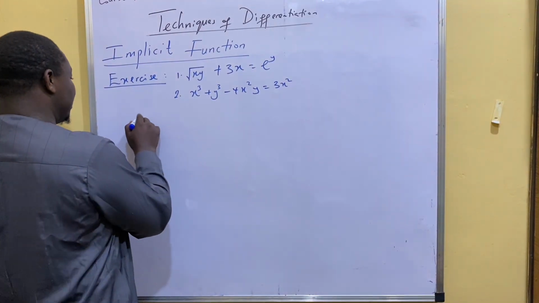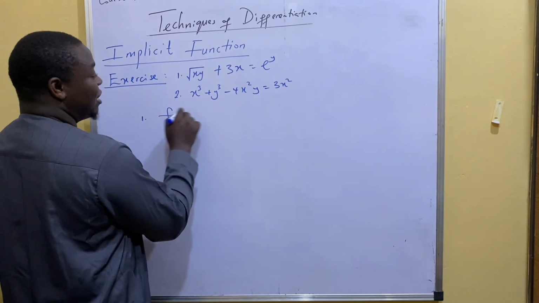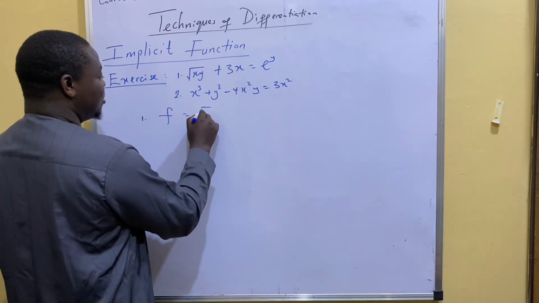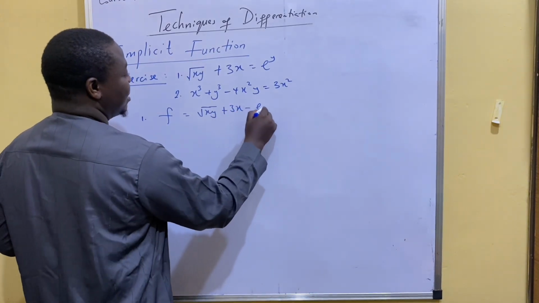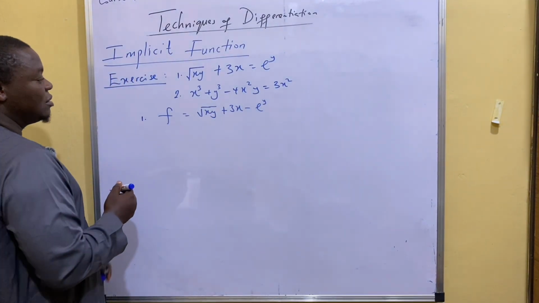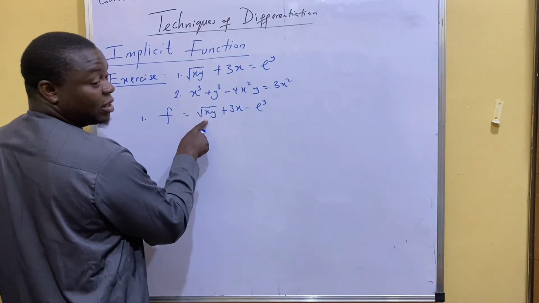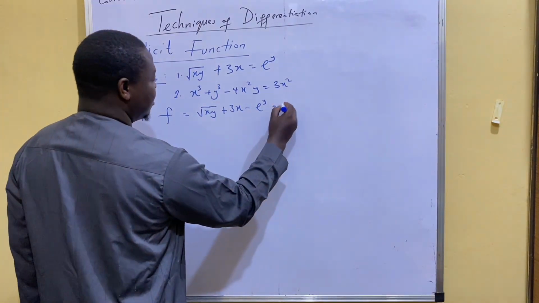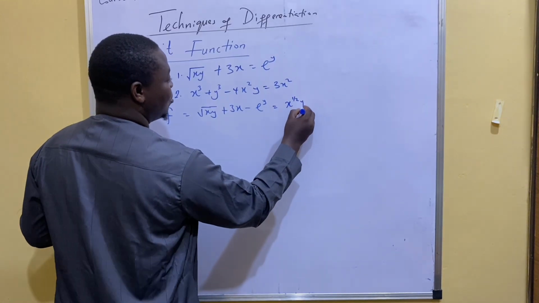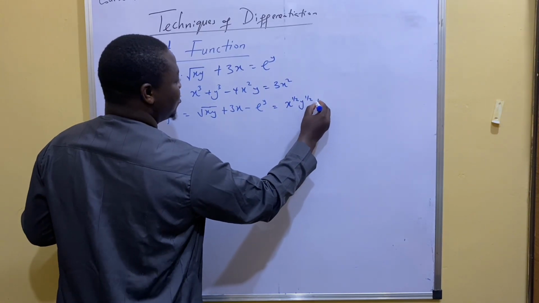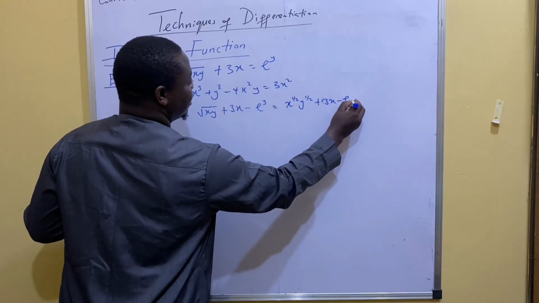So yeah, recall what I asked you to do for the first one. So that means we can get a function f that looks like this: root xy, right? Plus 3x minus exponential y. Are we good? So with this, don't forget that we can write this one as x raised to power 1 over 2, y raised to power 1 over 2, plus 3x minus exponential y.